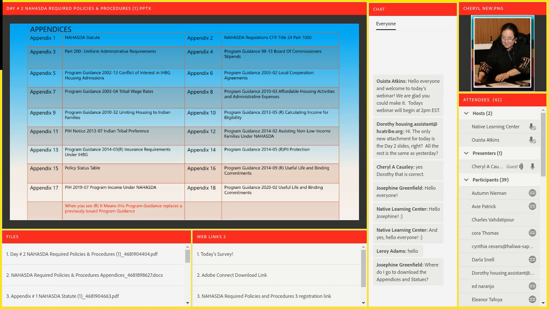Now, those items are updated occasionally, so always try to check every couple of months to see if your version is updated also. Your policy status table, I would highly, highly recommend that you start that depository and make sure that you have that policy status table so you can look at your documents and make sure that they're up to date, especially the required ones.